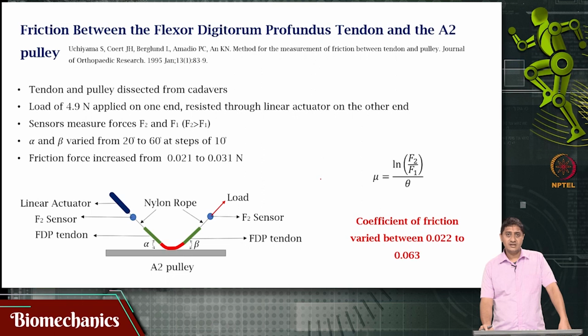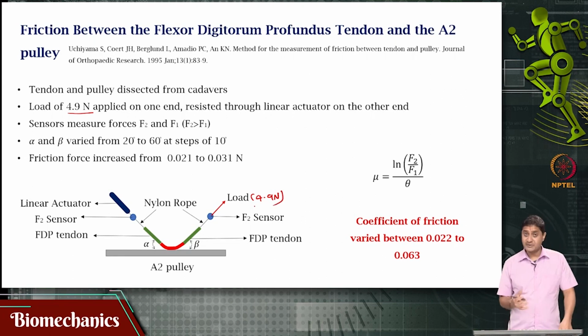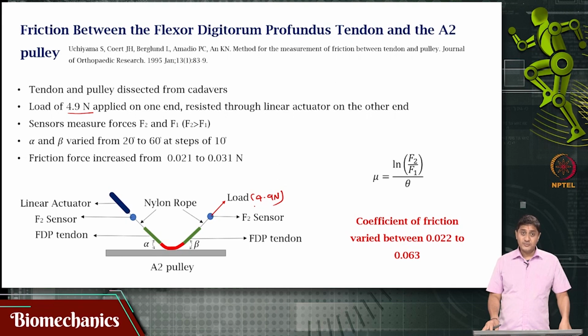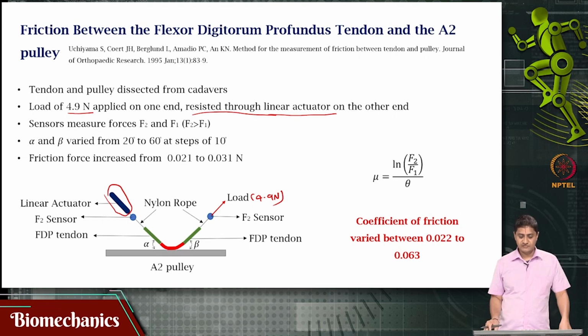They took the pulley and the tendon from cadavers, and they applied a known load of 4.9 newtons at one end of the tendon. On the opposite end, a linear actuator is resisting this force.